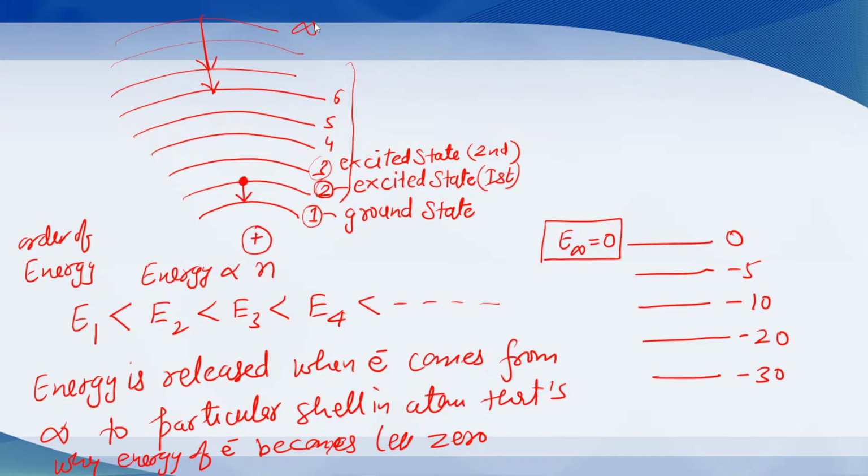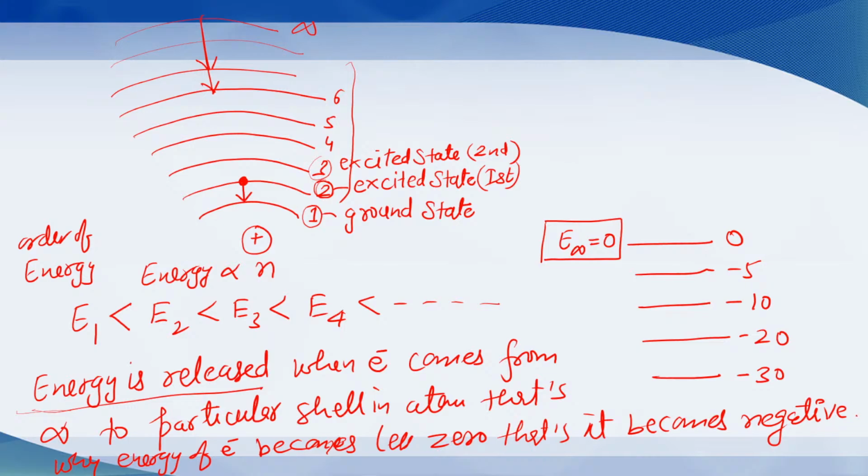When it comes back from infinity to the particular shell, energy decreases, energy is released, so it becomes negative. Got it? So electronic energy is always negative. Keep in mind.